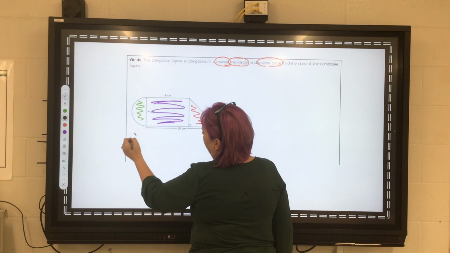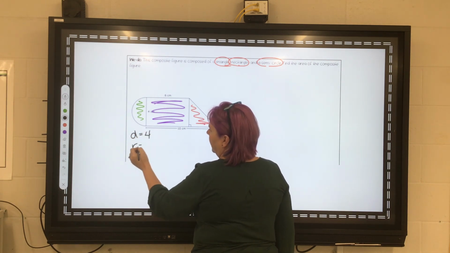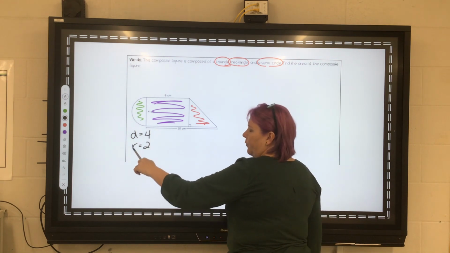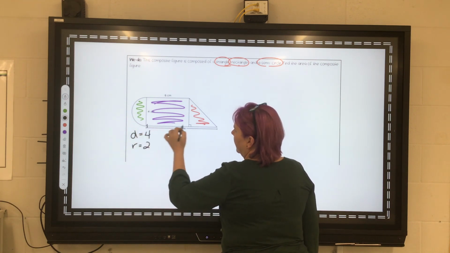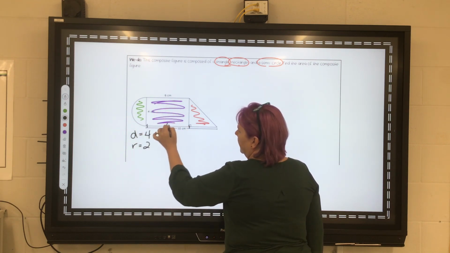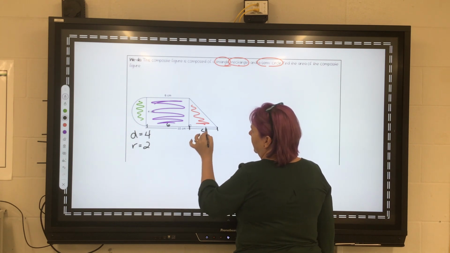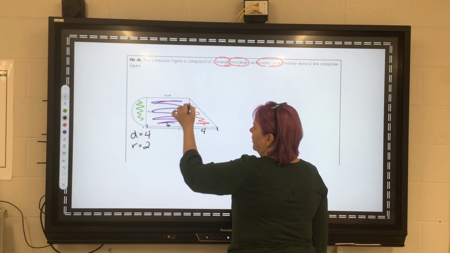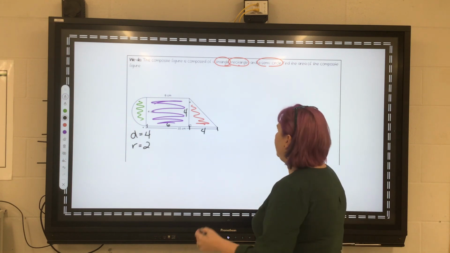This is my diameter, so my diameter is 4. That makes my radius 2, because radius is half of the diameter. So this side is 6, so this part over here is 4. And this is 4, so that means this is 4. So now I've got all my pieces.